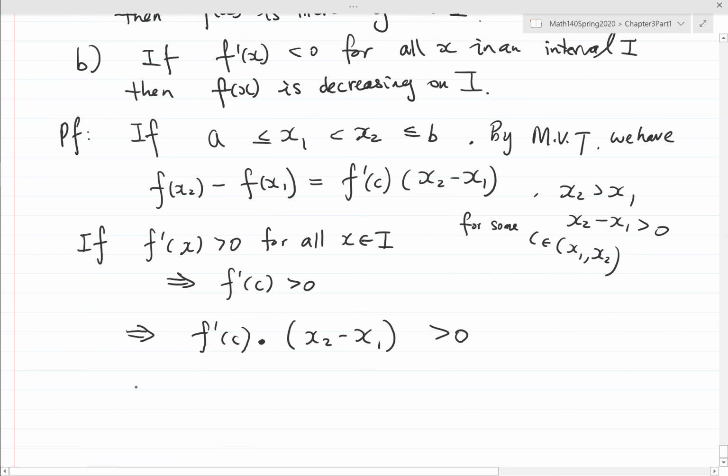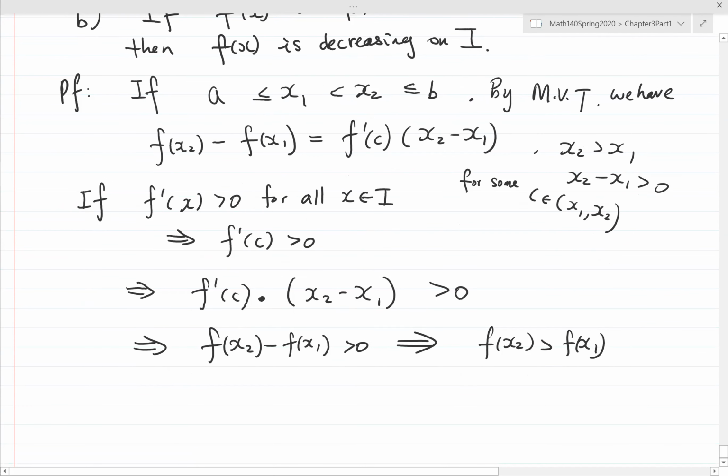So this implies f(x2) minus f(x1) is positive, which means f(x2) is bigger than the function value at x1. That is, if the input is bigger, the function value is also bigger.